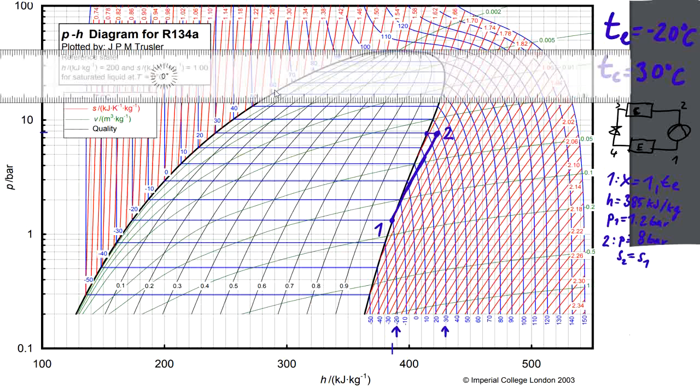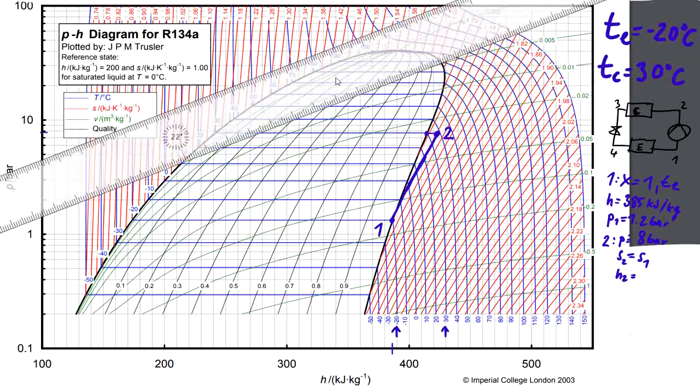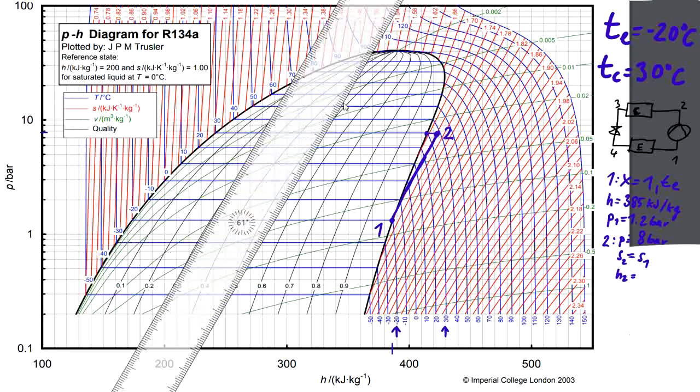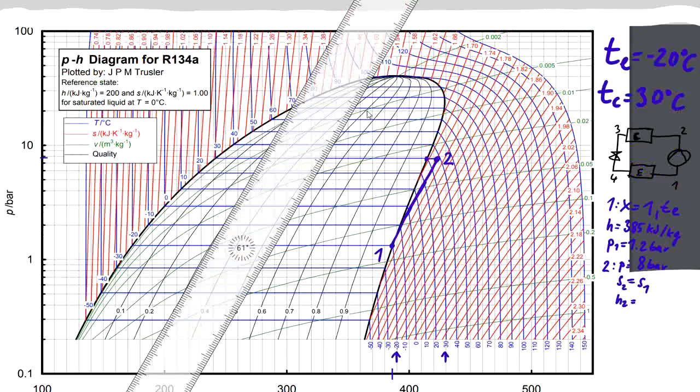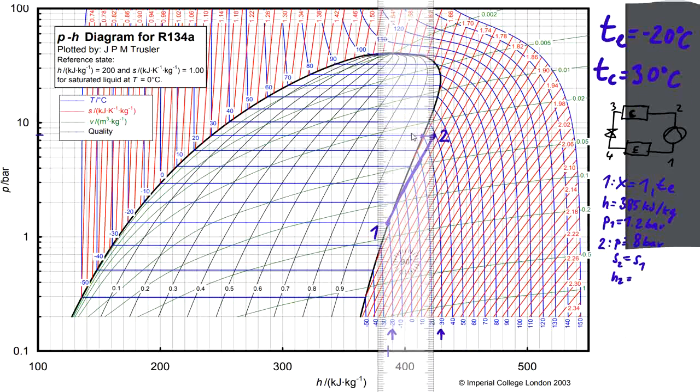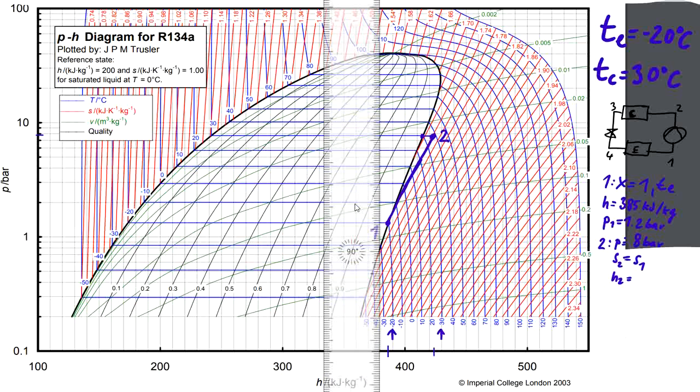We can get the enthalpy. So the enthalpy will be over here, which is about 424 kilojoules per kilogram.